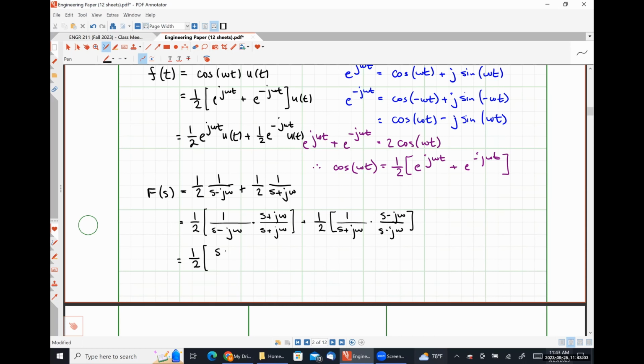So I'm going to have s plus j omega in the numerator. My denominator is just going to look like s squared plus omega squared. Same denominator over here.